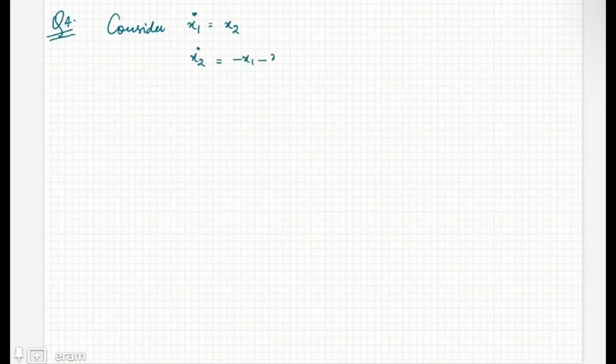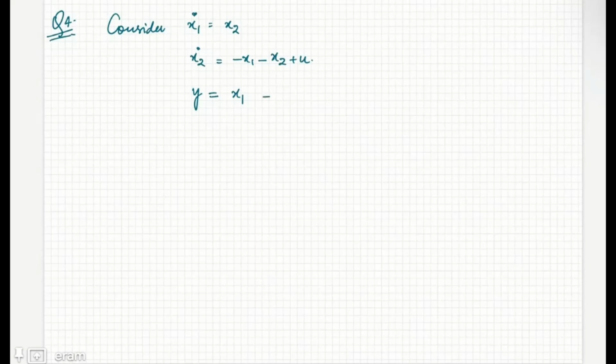So now let's take up the question on the observer design. Consider that we have a second order system of this form, and now the output is the state x1.